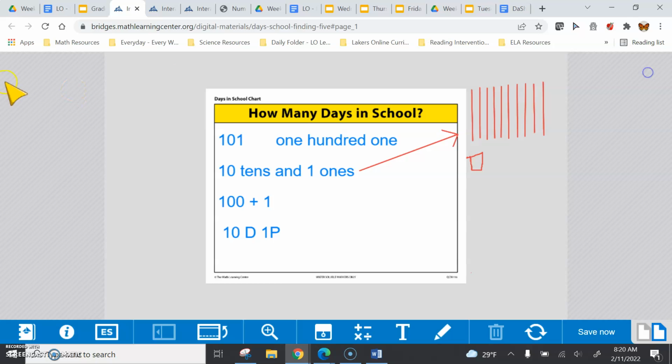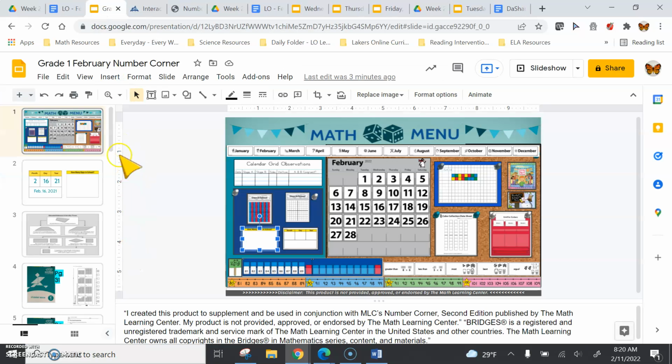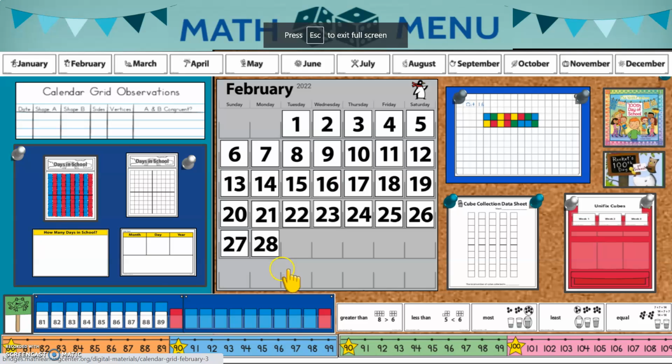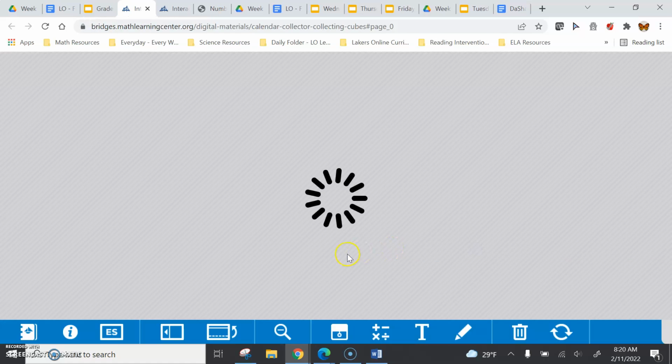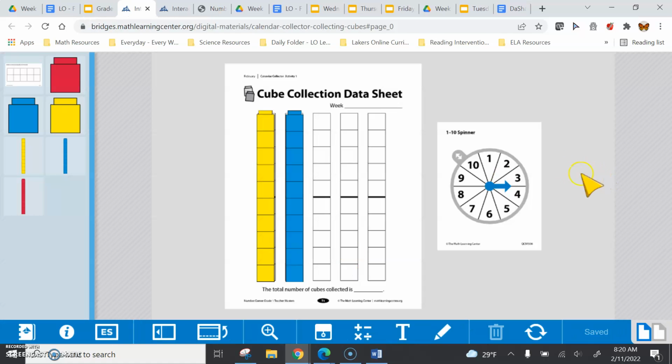All right. Our numbers are getting bigger. You know I love that. All right, All Stars. As we talk more about our number corner, we are now going to add more cubes to our collection for the week. So let's see what we spend this day.